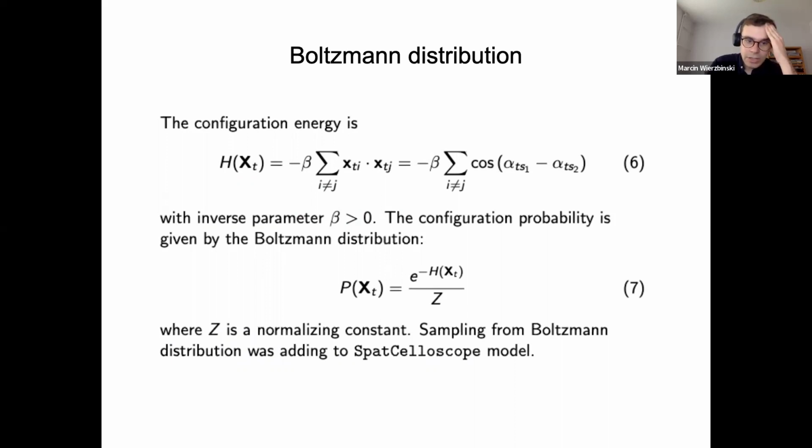I mentioned that the Boltzmann distribution comes from statistical physics. It is the probability distribution that gives the probability that a system, in our case a lattice with angles, will be in a certain state as a function of the state energy and the temperature of the system.